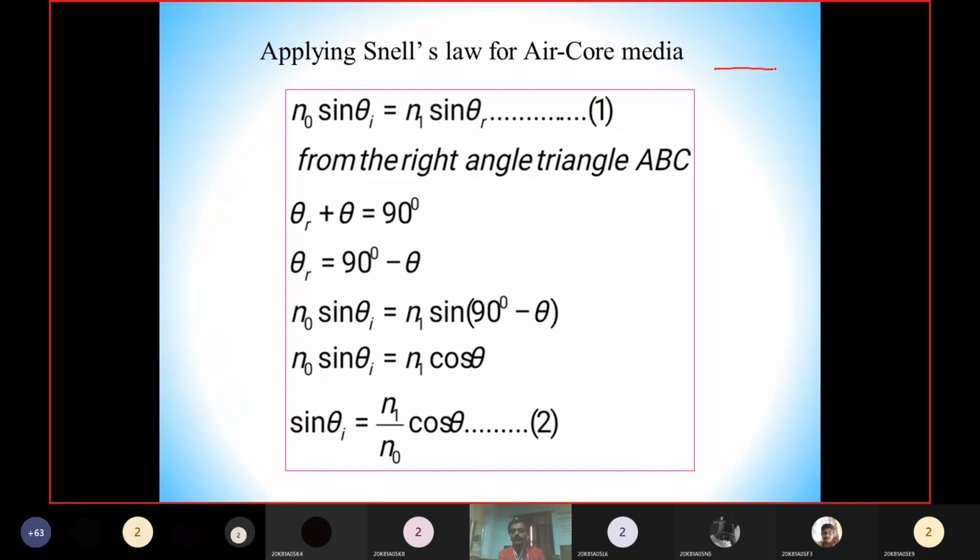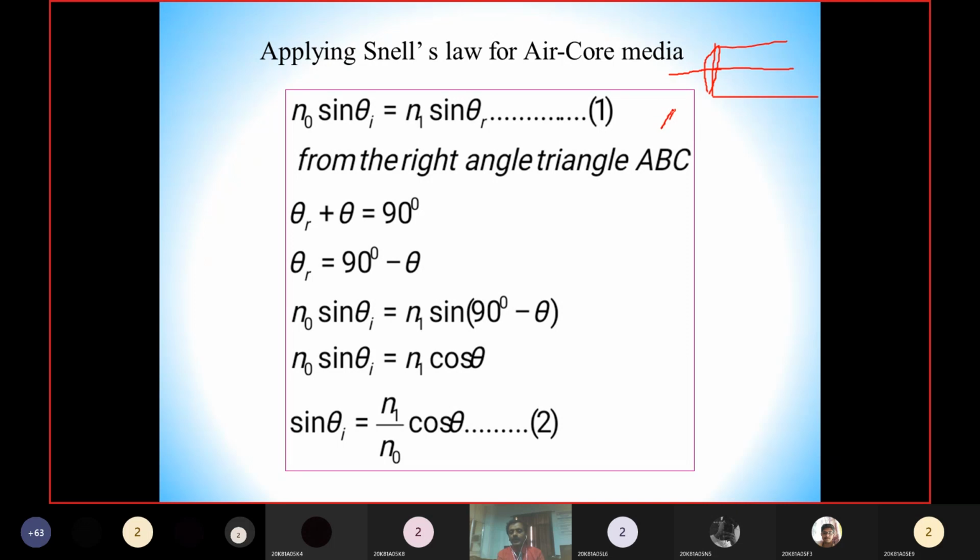So here this is the optical fiber, this is the center of the optical fiber, and I am drawing one normal here. This is the axis of the optical fiber.